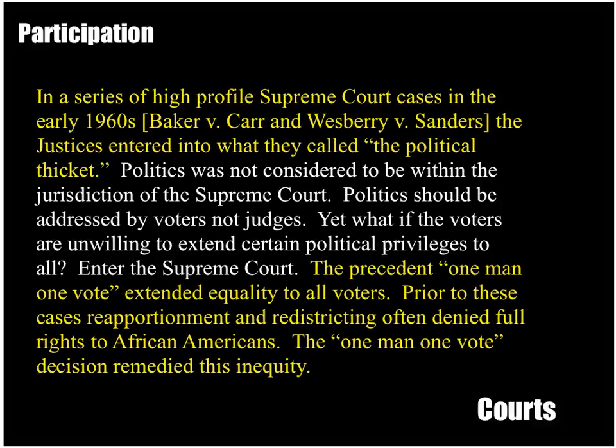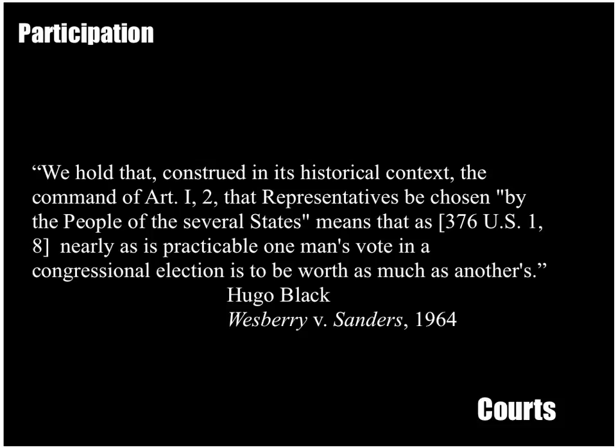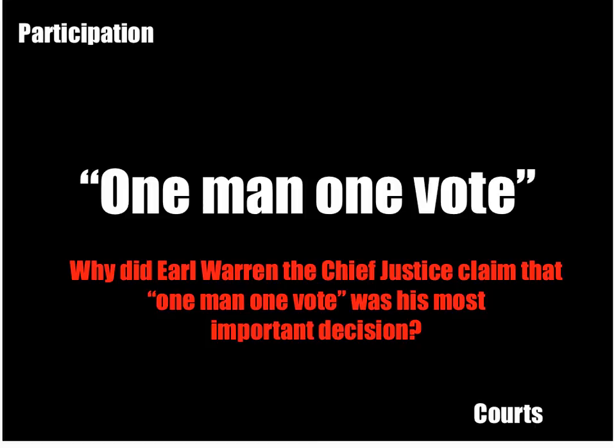Prior to these cases, reapportionment and redistricting often denied full rights to African Americans. The one man, one vote decision remedied this inequity. Why did Earl Warren, the Chief Justice, claim that one man, one vote was his most important decision?